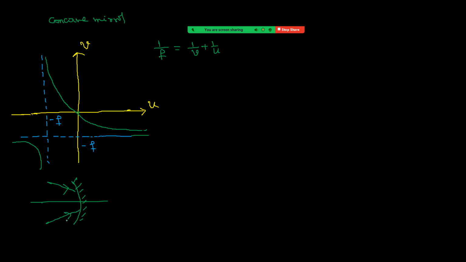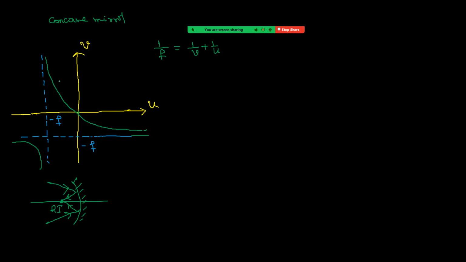When a converging beam falls on the mirror, they really converge, means they form a real image. Because F is negative, the total must be negative. If U positive, V must be negative to make the total value negative. That means if a converging beam falls on the mirror, rays will really converge after reflection. They never diverge. That is the meaning of no graph in the first quadrant.